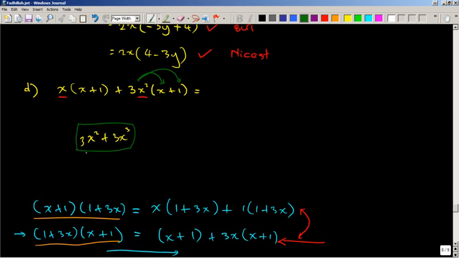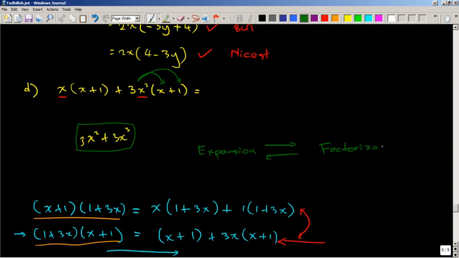So my method is wrong. No, it's right. It is right, but we are not doing expansion. We are doing factorization. Oh, okay. Factorization and expansion are two different things. Expansion. So if I use expansion for this, I will get the answer wrong. Of course, yeah, because we are doing factorization.